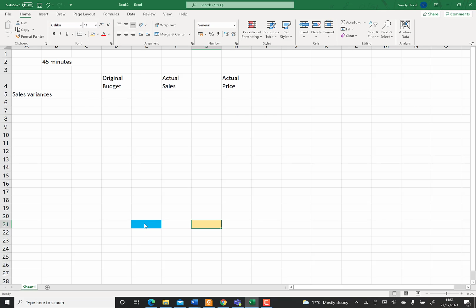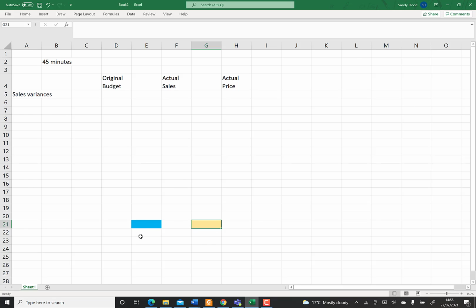And what we've now got is this is the sales volume contribution variance. And here we've got the sales price variance. So if nothing else, we know where we are heading.